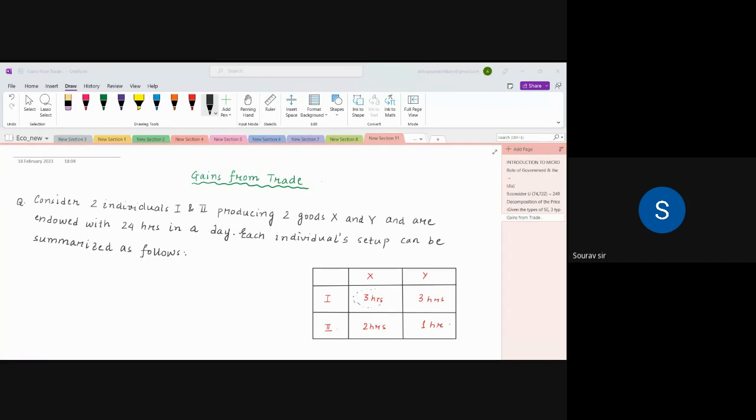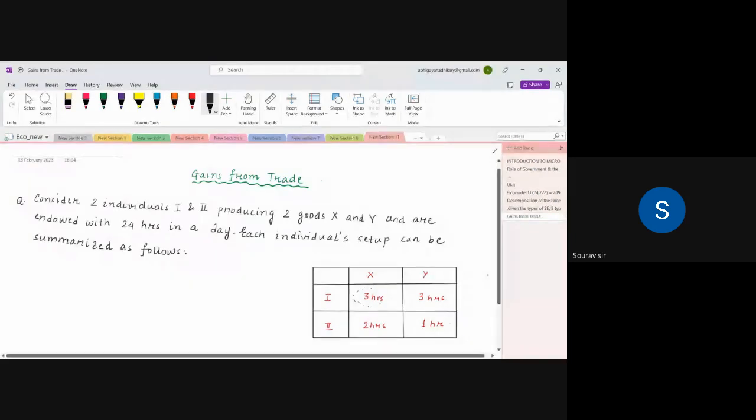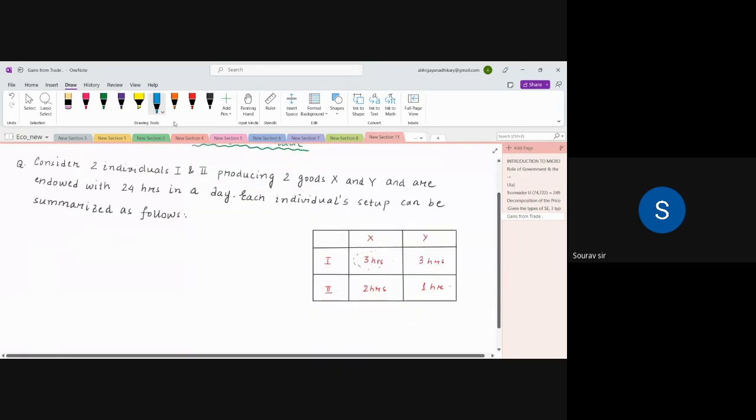That is what we are essentially trying to understand. So this is the kind of setup that we are talking about. Now, through this example, we will try to see how we solve these kinds of questions, and what ideas we get from this.